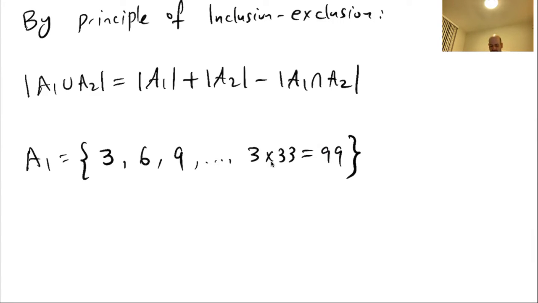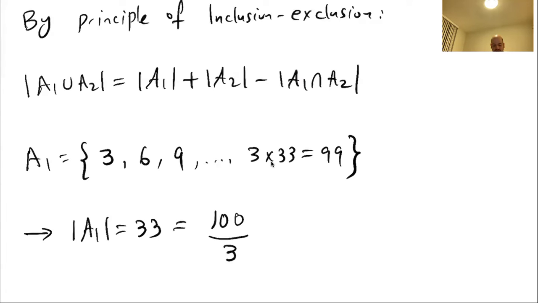The number of elements in A1 is equal to 33, and 33 is the number that I can find by dividing 100 over 3.